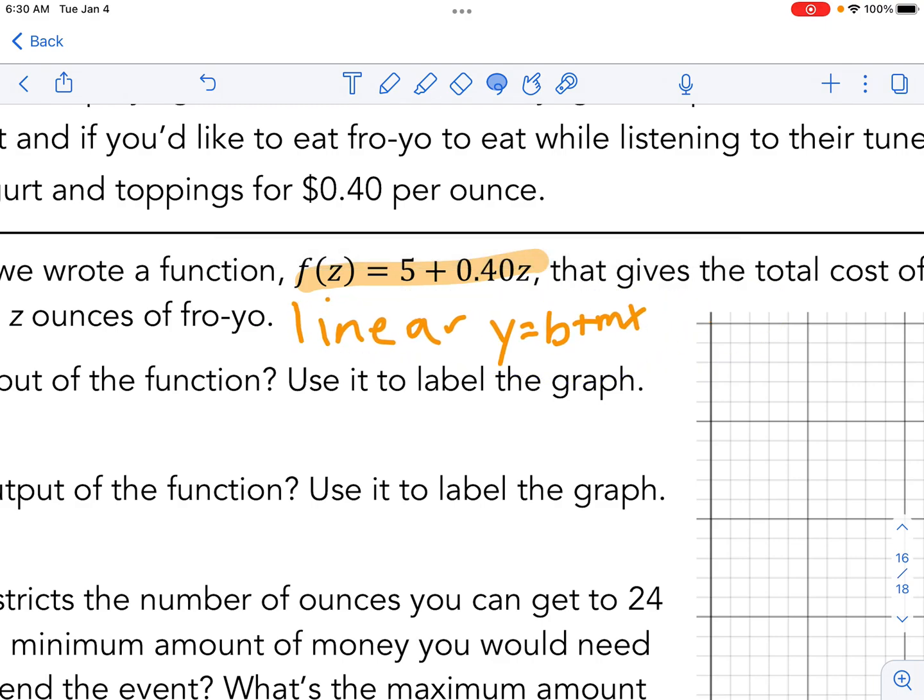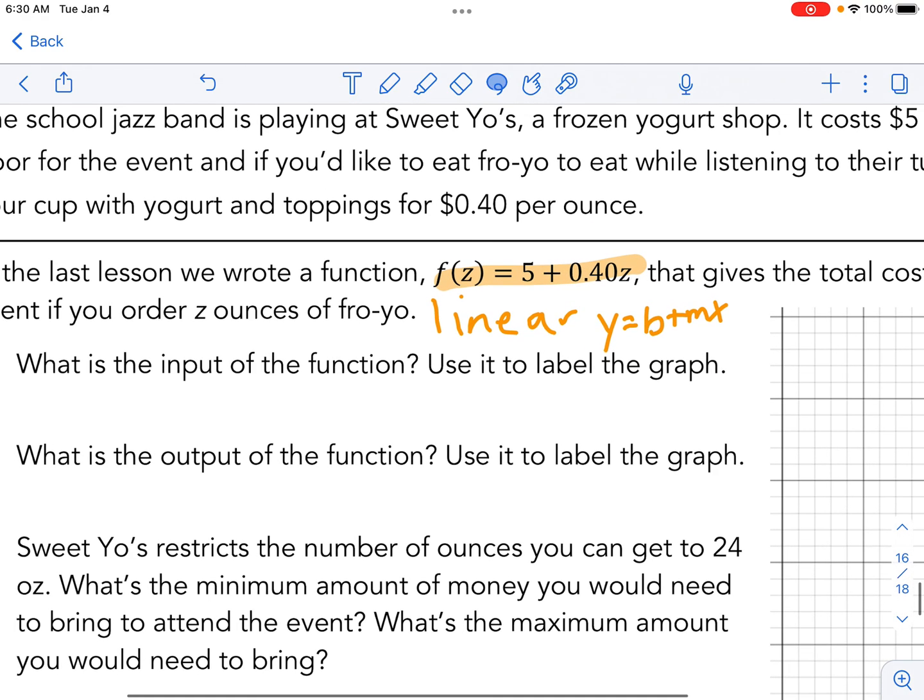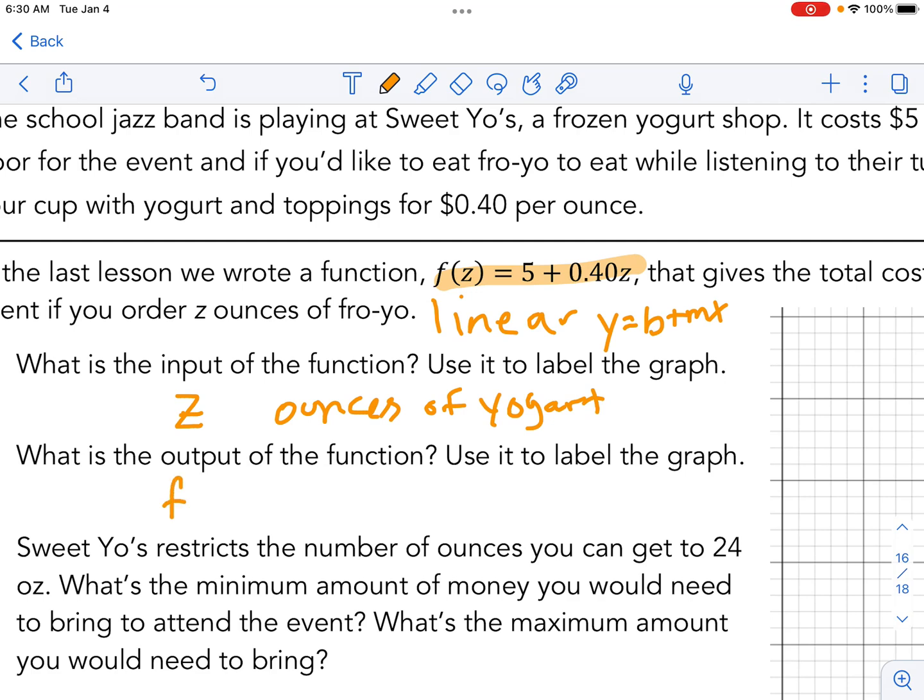as it's written above. So the input of the function is the x, or the z. And remember, the variable z stands for the ounces of yogurt. And the output is the f of z.